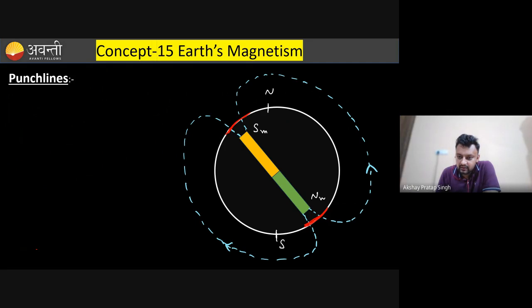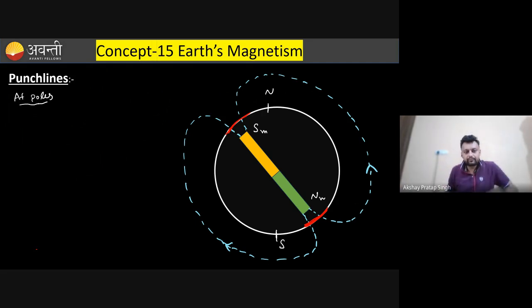Now, listen to me very carefully. At these poles, you can see that Earth's magnetic field is perpendicular to the surface. So, what I am mentioning here, at poles, just try to remember it as it is.